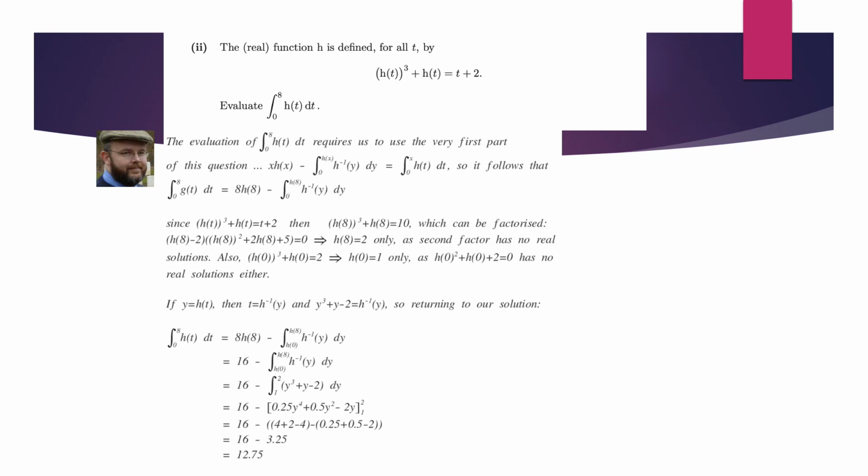Yeah, that all seems to follow the initial equation, and substituting out the h inverse of y with its equivalent. Yeah, good. And integrating, I haven't integrated that. Oh, I have this time. That's good. Okay, and it's all looking good. And so I think the answer is 12 3/4.